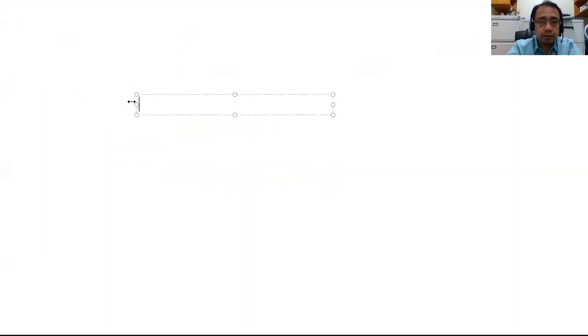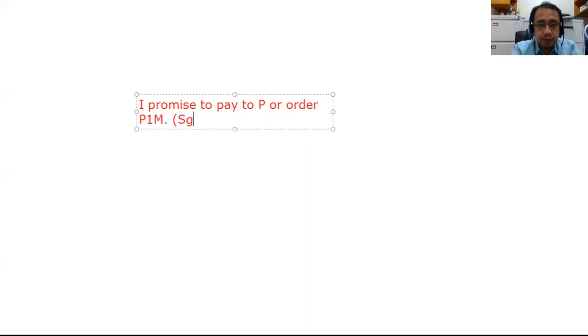Take, for example, this promissory note: I promise to pay to P or order 1 million pesos, signed A.